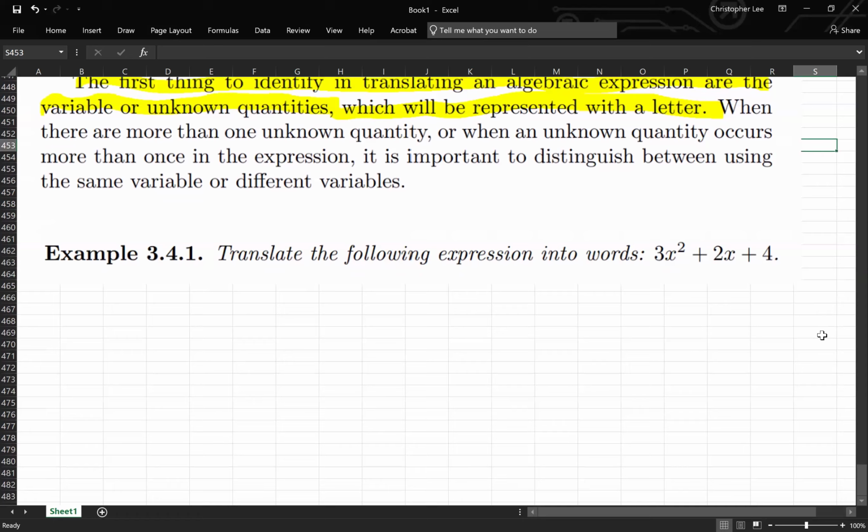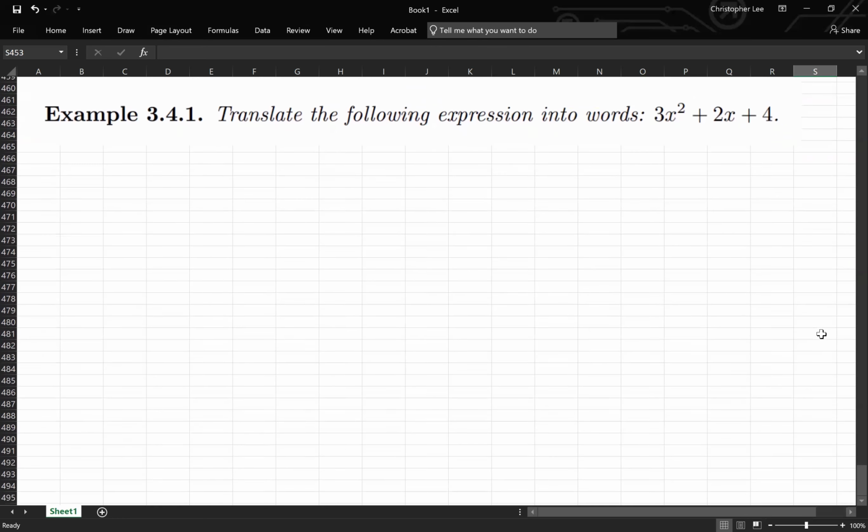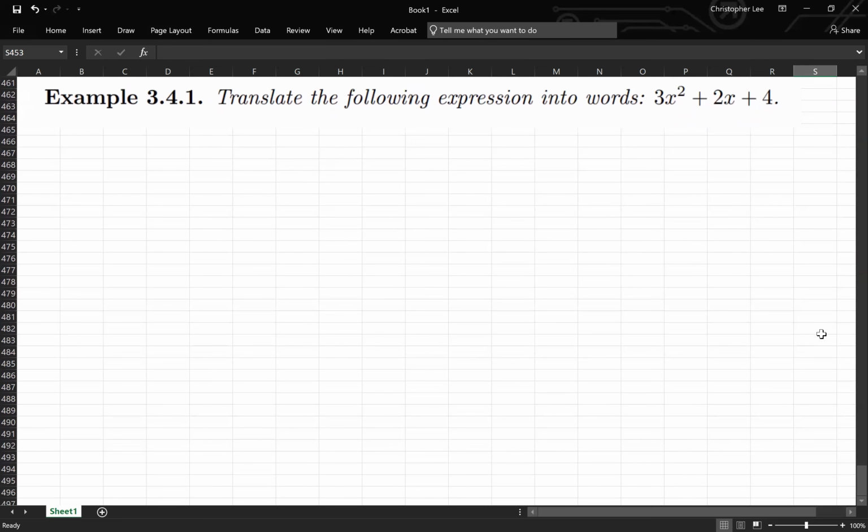All right. So I have 3x squared plus 2x plus 4, and you want to translate that. Like literally write it out in words. The same thing that I just said.